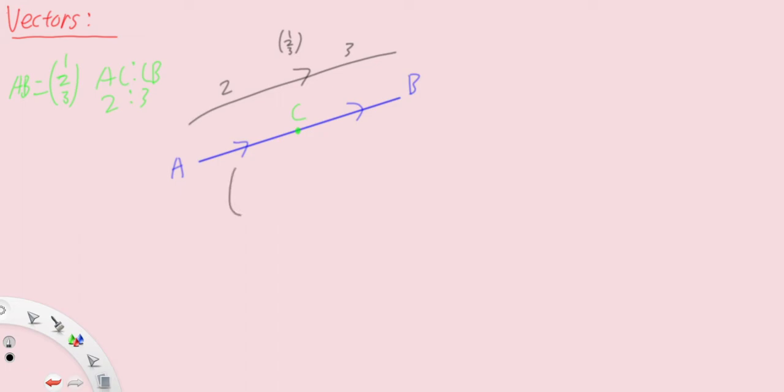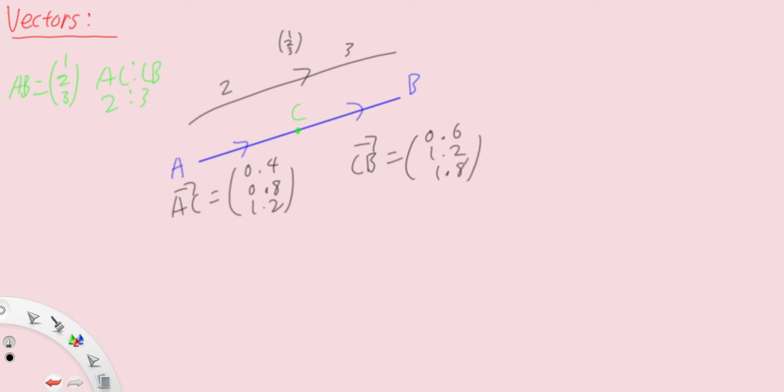So simply, AC is 0.4, then 0.8, and then 1.2. For CB, it is 1 divided by 5 times 3, so that will give me 0.6, and then for the others, 1.2, 1.8.